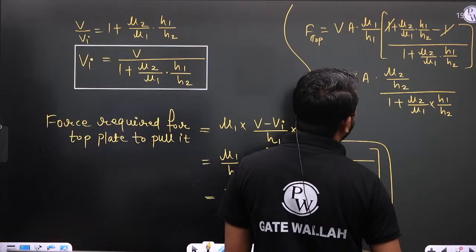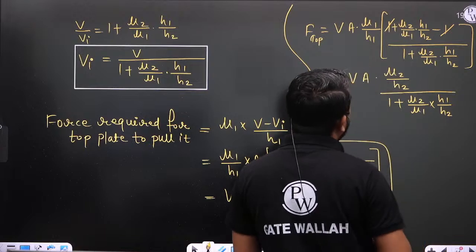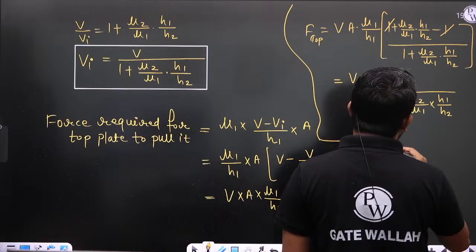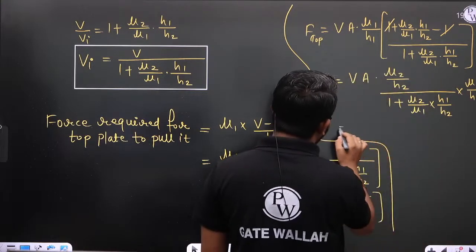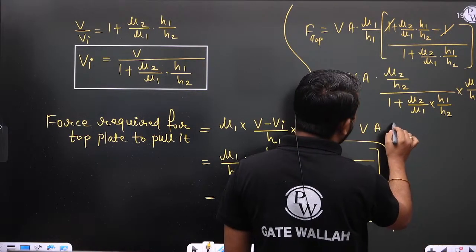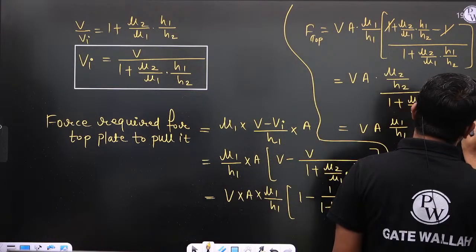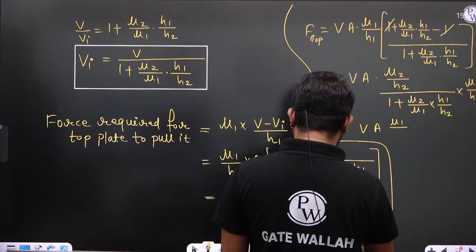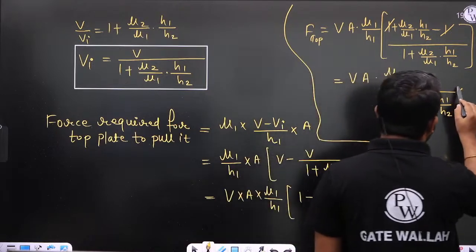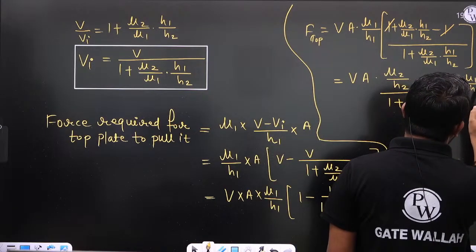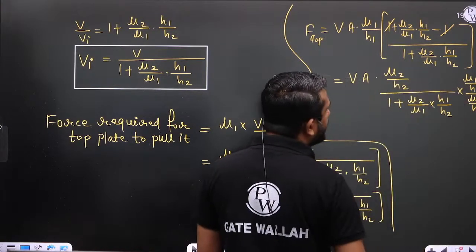Or we do one thing, just one minute, I'm arranging the terms in a good manner. I'm multiplying with mu1 H1 in the numerator, and I'm multiplying by mu1 H1 in the denominator.